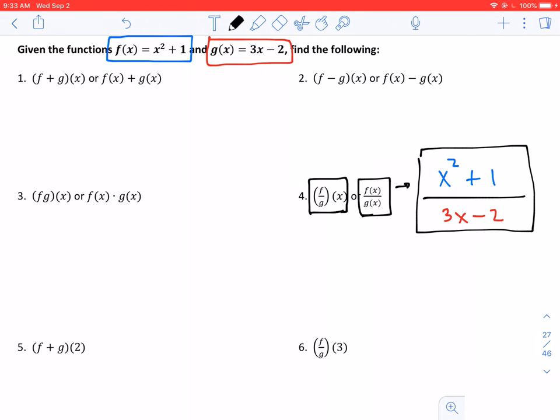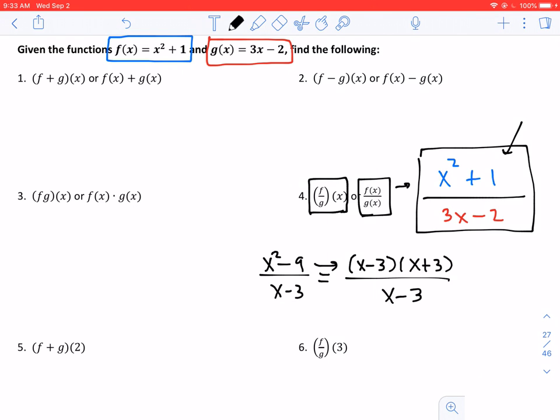We would want to at least try to see, does the top factor? Here's a side example to give you, in this case, there's nothing we can simplify here. But for example, if I had x squared minus 9 over x minus 3, we should at least look and see if the top will factor, because x squared minus 9 factors into x minus 3 times x plus 3, and then something can cancel here, giving us just x plus 3.